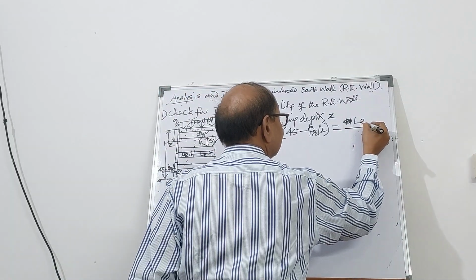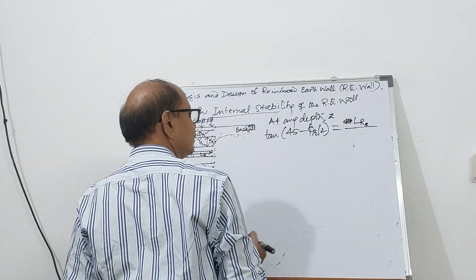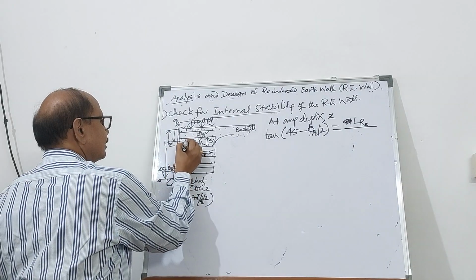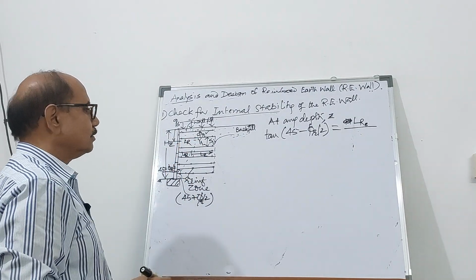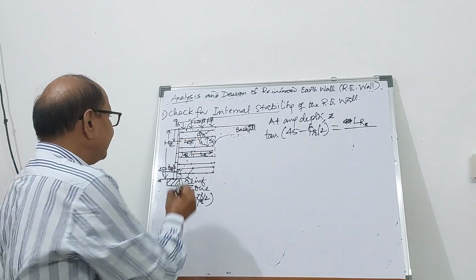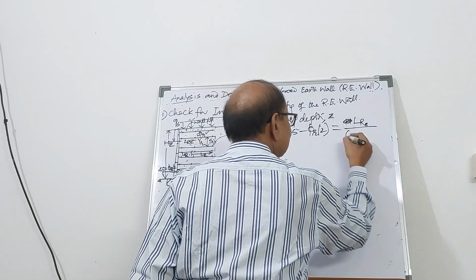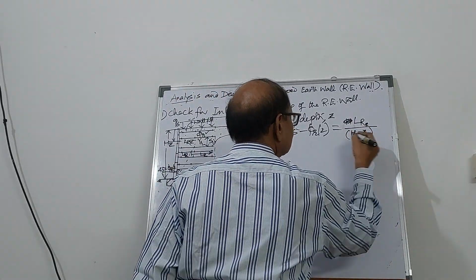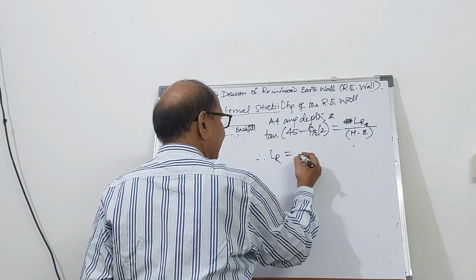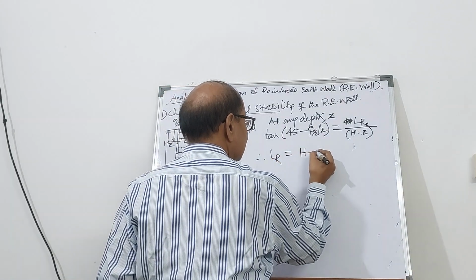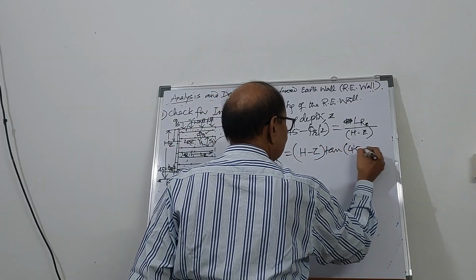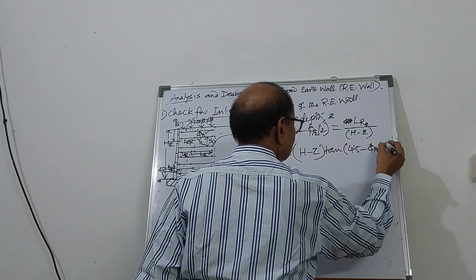So at a particular depth Z, LR is the opposite side, divided by this side, that is H minus Z. Therefore, LR at any depth Z will be H minus Z into tan 45 minus phi r by 2.